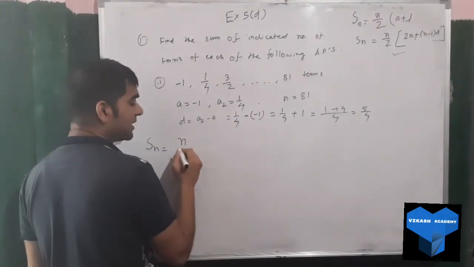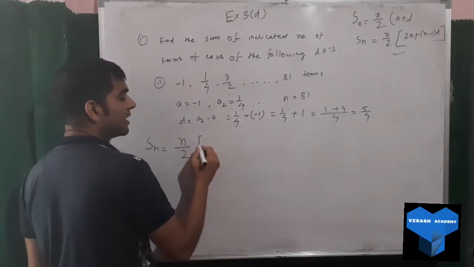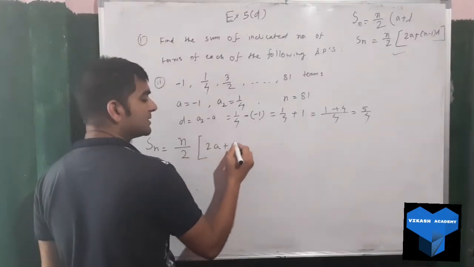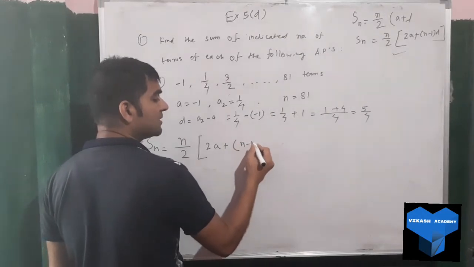Next, we have to use the formula for summation. You remember this formula? Sn equals n by 2 times 2a plus n minus 1 times d.